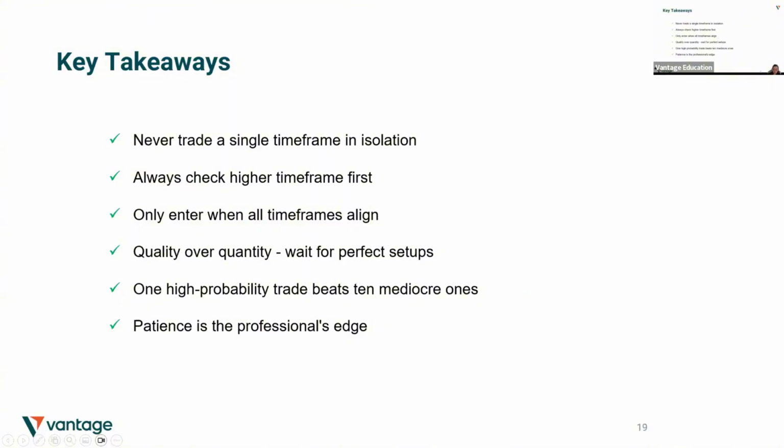It doesn't mean one day you take 20 or 30 trades. You should find a quality trade, maybe 1 or 2 good setups, and then you trade. Wait for the perfect setup. One high probability trade beats 10 mediocre ones. Patience is a professional edge. So basically, what does this mean?